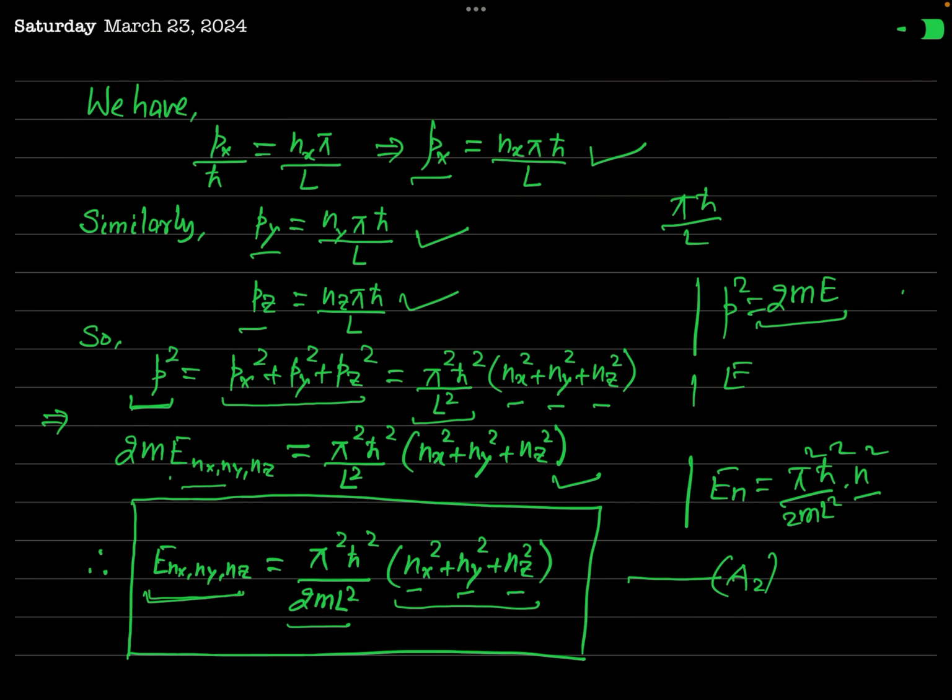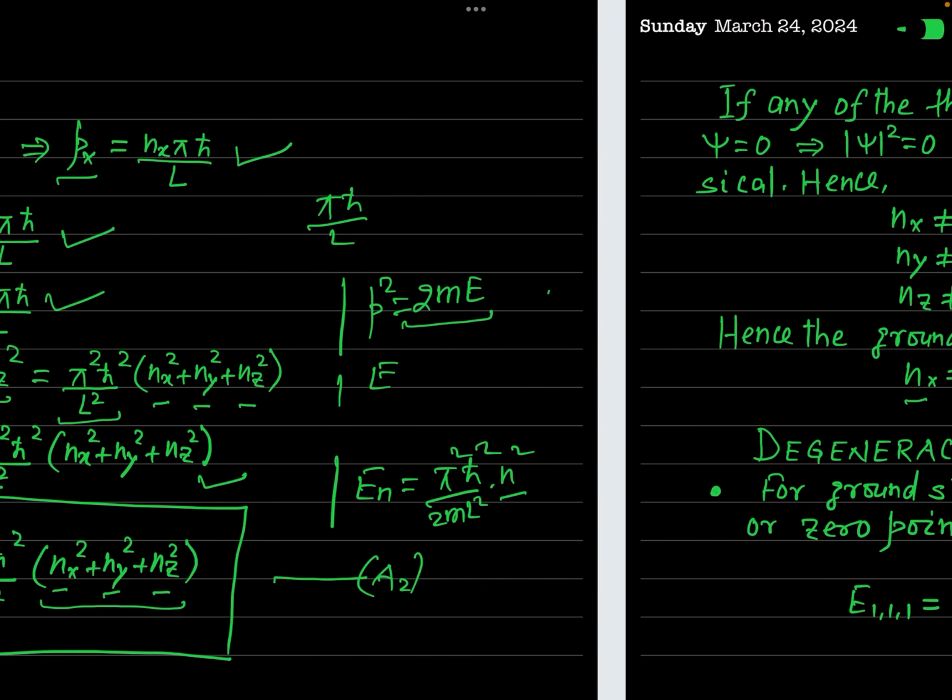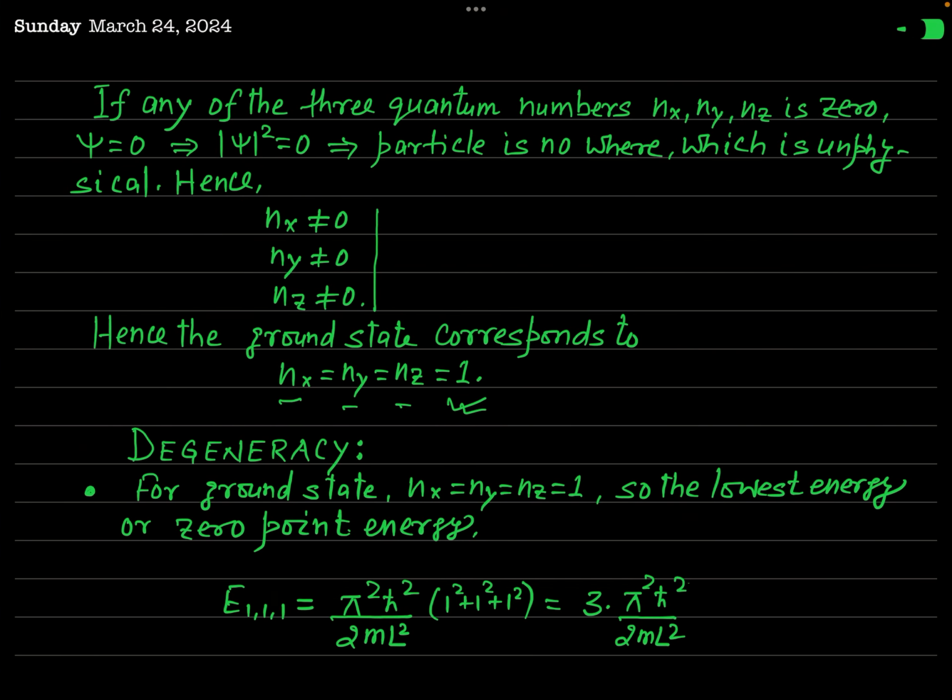And when nx, ny, nz have the least value, the energy eigenvalue will also be lowest. And that is called the ground state energy or zero point energy. So when you want to find the ground state energy or zero point energy, you have to take these three quantum numbers equal to 1.